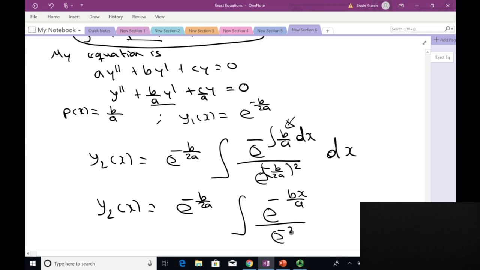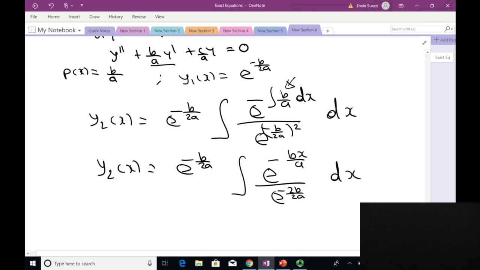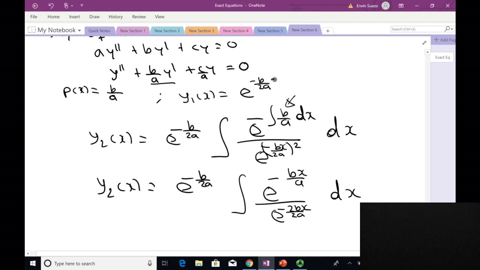So you get e to the minus 2b over 2a x, dx. And I forgot dx, sorry. I forgot dx here, sorry. e to the minus b over 2a x. So please put the x here that I forgot.